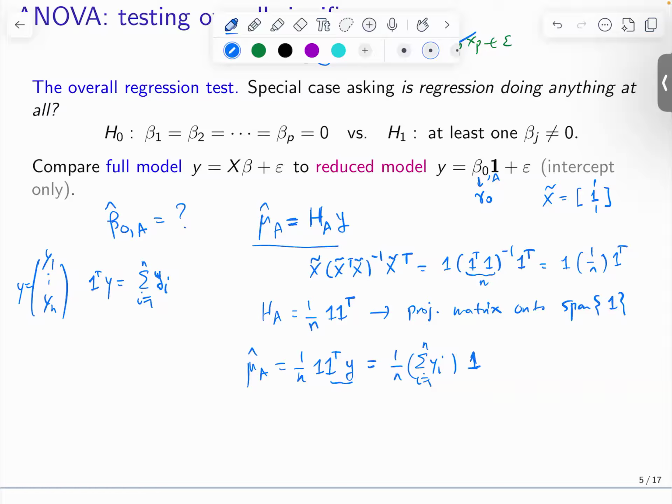And then I get the 1. This 1 here is the only vector, actually. And this is really y bar. So I get y bar times 1. So the vector of fitted values is really y bar all the way, repeated n times.